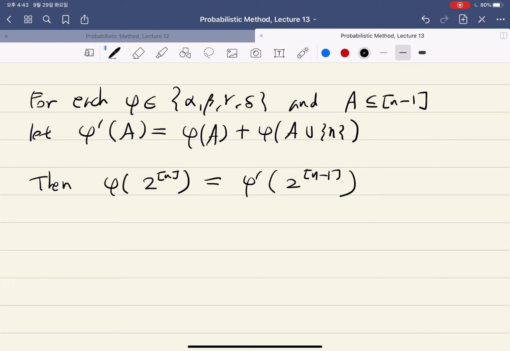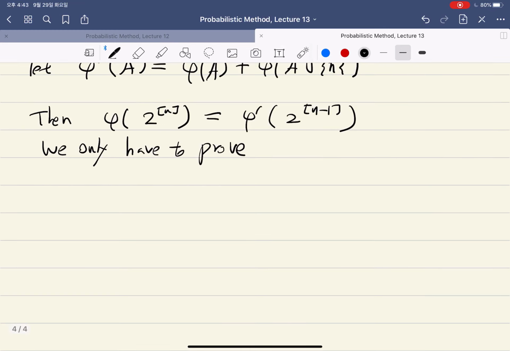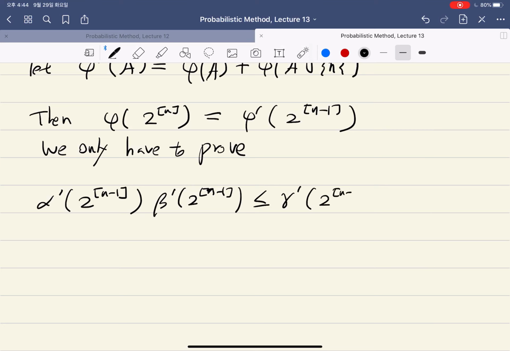So because of this, we only have to prove the following for alpha prime, beta prime, gamma prime, and delta prime.